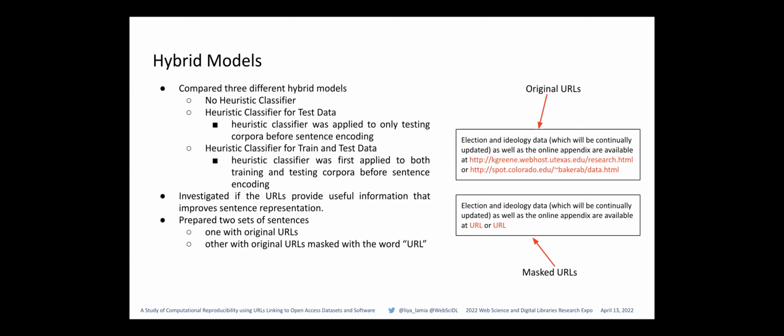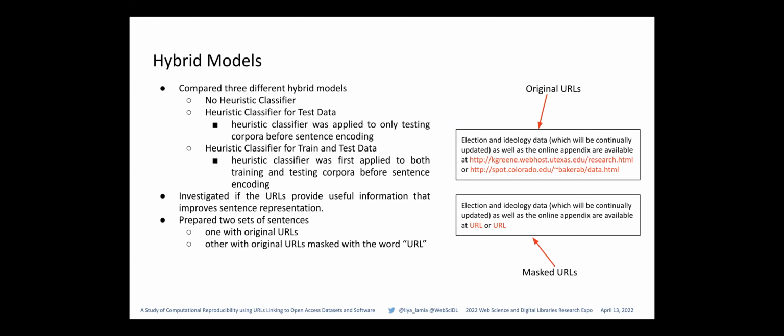I have already talked about the hybrid methods, which combine a learning-based classifier and a heuristic method. In our work, we built 3 different hybrid models and compared their results, which I'm going to show in the later evaluation section. The first one is no heuristic classifier.